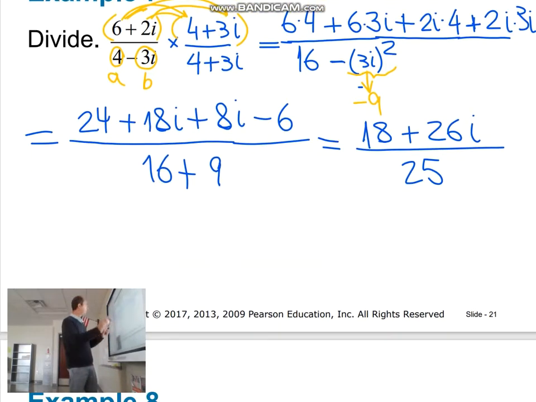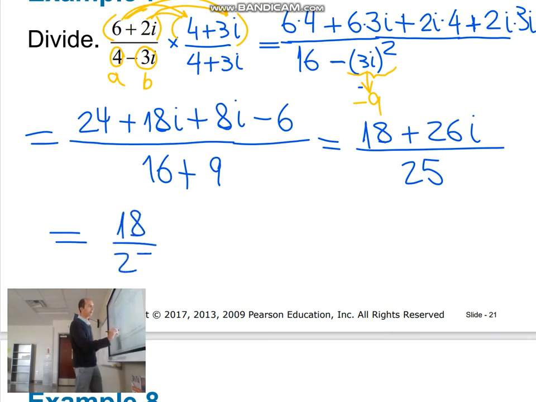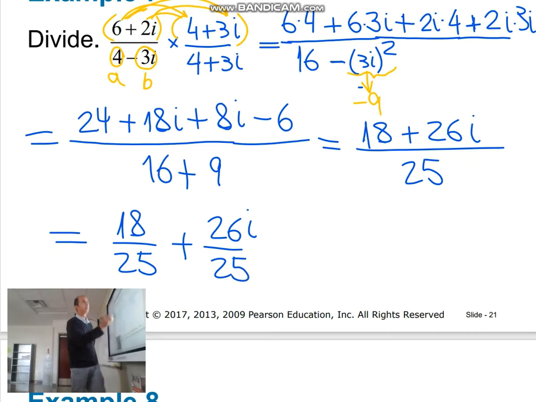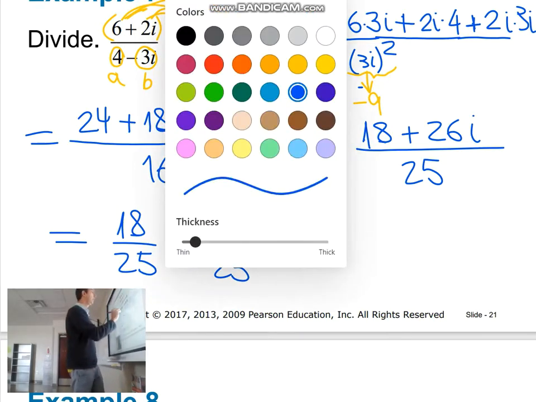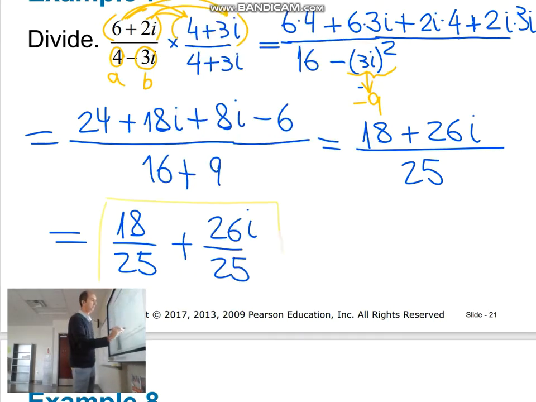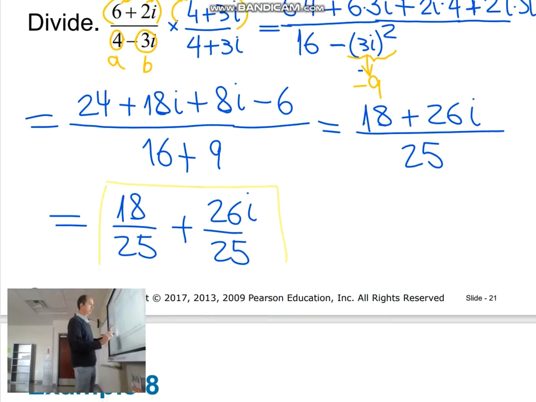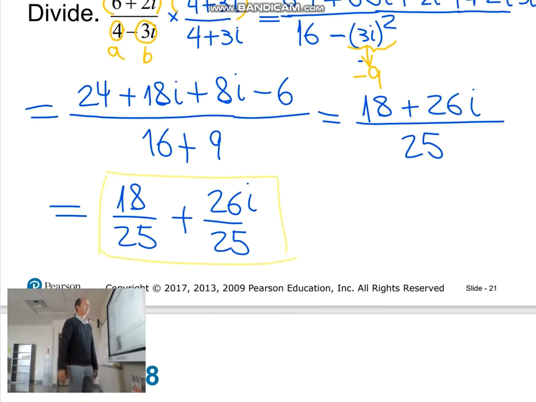You can write the answer like this, or you can write like that. 18 over 25, this is the real part, plus 26i over 25. This is the imaginary part of the answer. Cool.